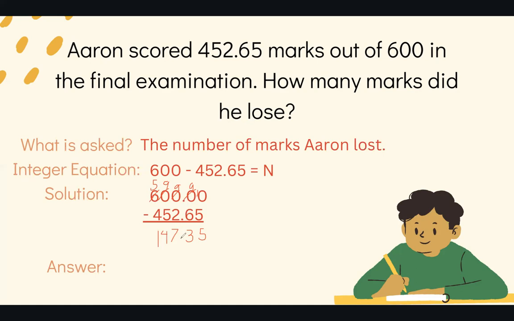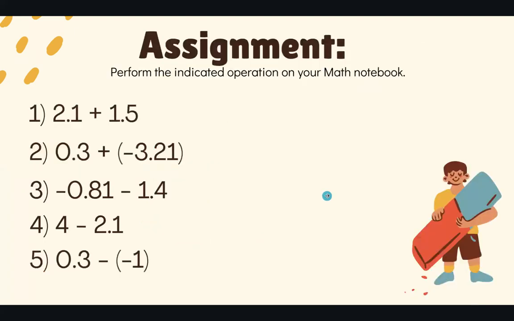Bring down the decimal point, or place a decimal point here aligned to the other decimal point. So the answer now is 147.35. For the final answer, Aaron lost 147.35 marks.